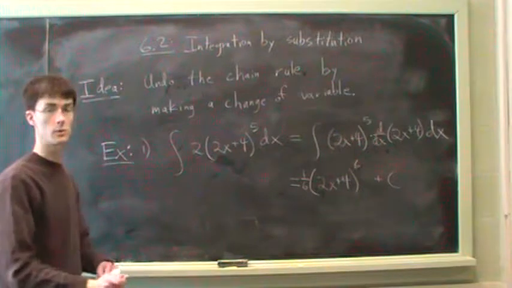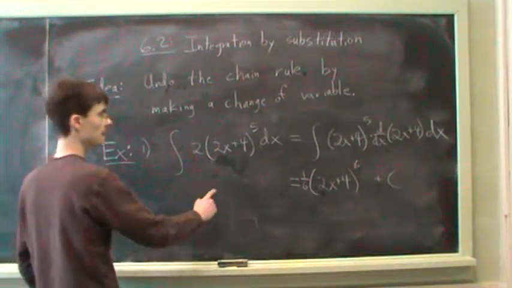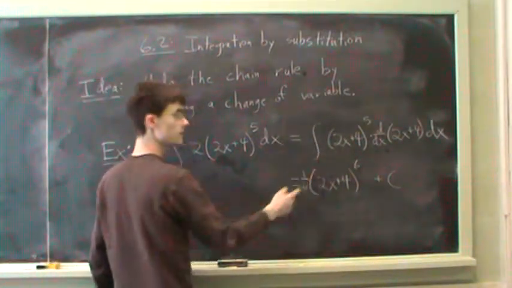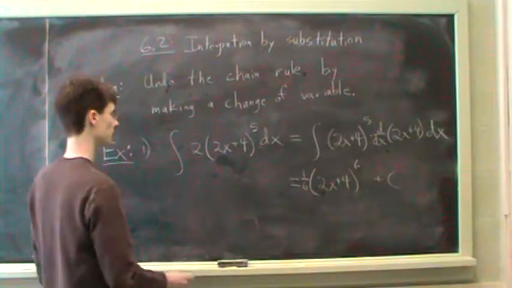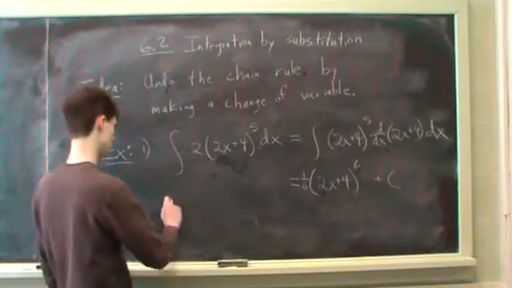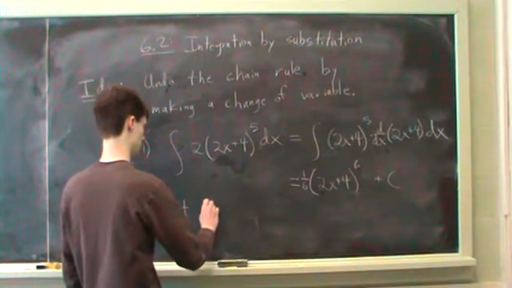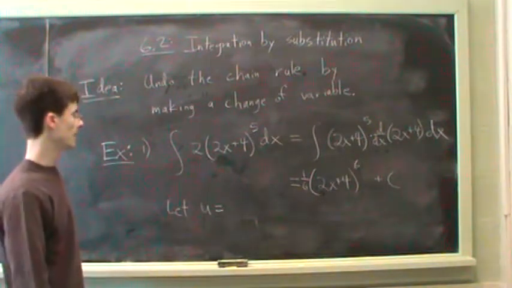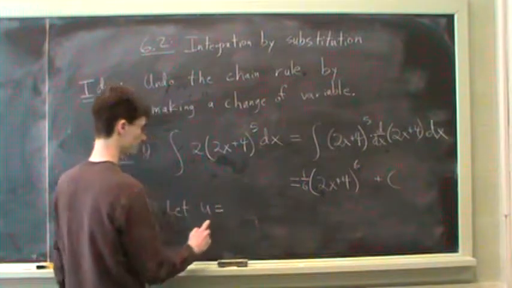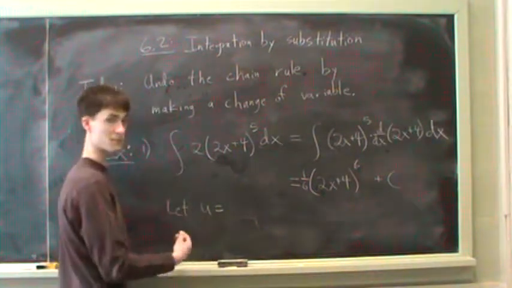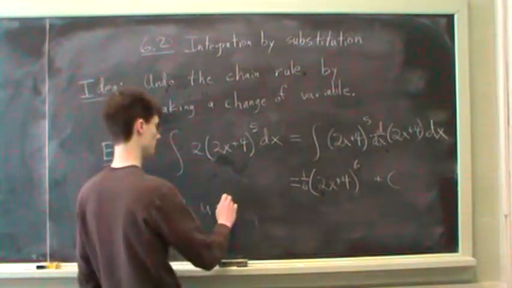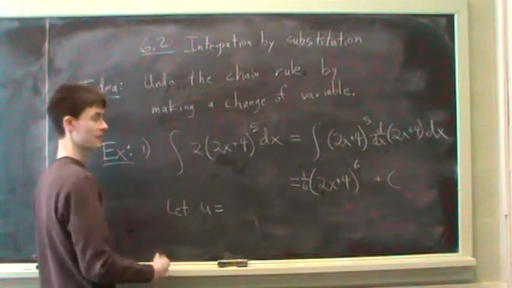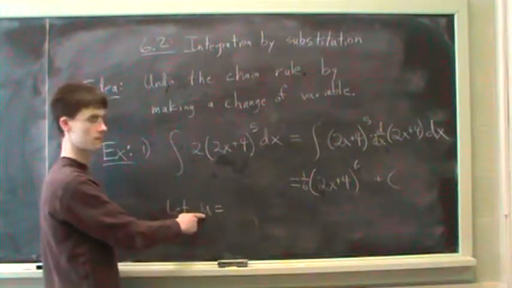And what we're going to do, instead of this sort of leap, is pick a new variable. I'm going to use u all the time for some reason. And we're going to let u encapsulate a lot of the complexity of the problem. We're going to sort of stuff the complicated part into u.